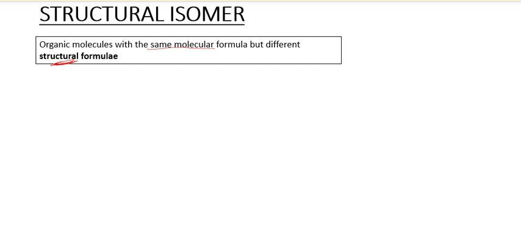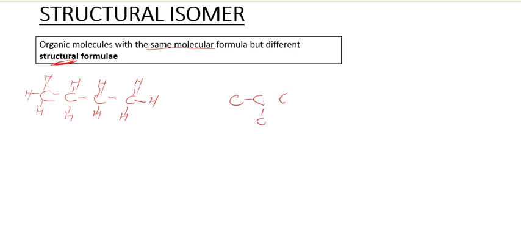That is structural isomers. For example, if we have this compound with 4 carbon atoms, and we have hydrogens attached.